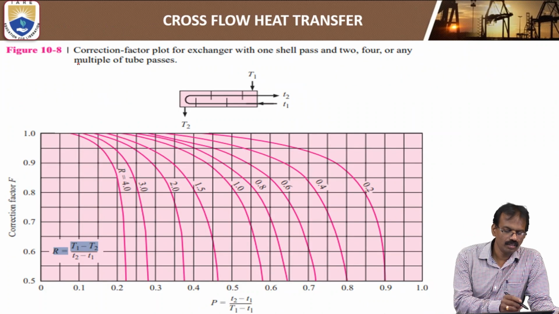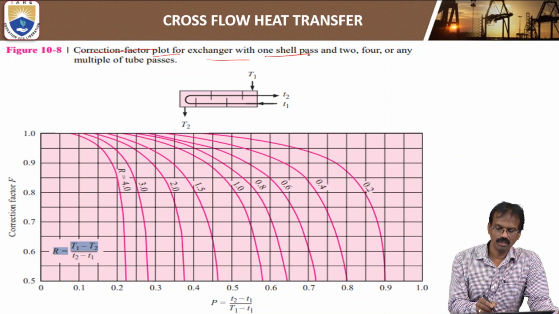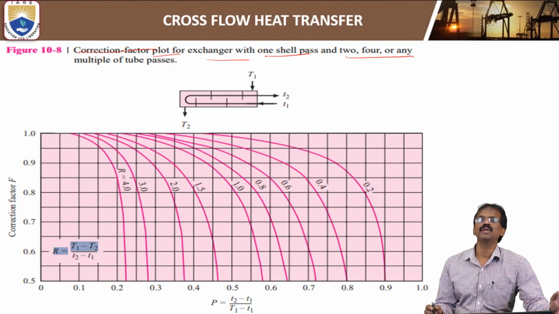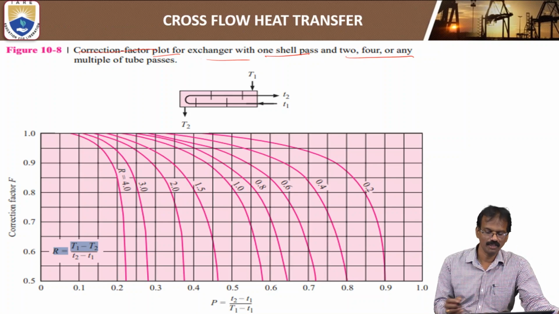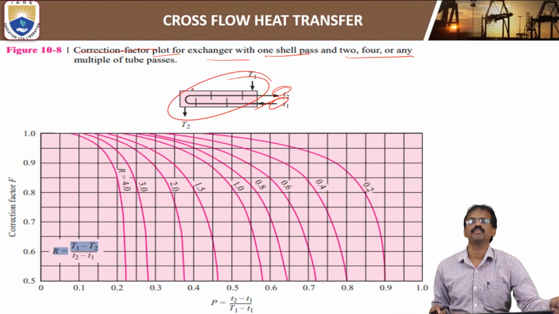The condition is correction factor plot for heat exchanger with one shell pass, 2 or 4 or any multiple of tubes. It means the tubes are multiples, but one shell, multiple tubes.